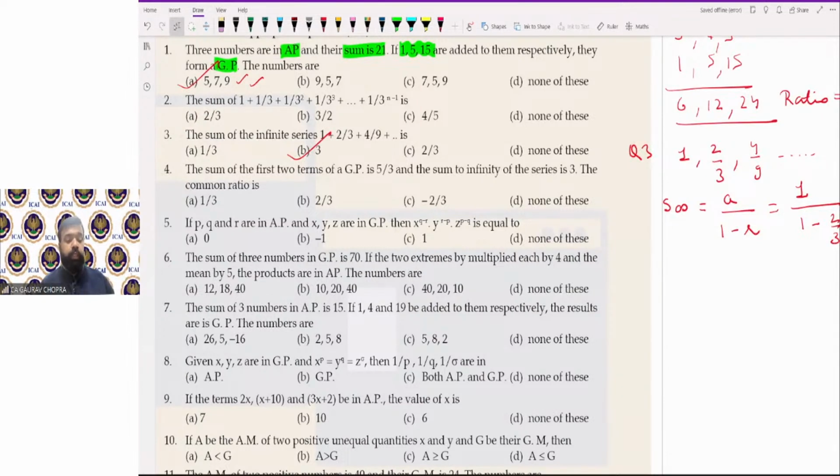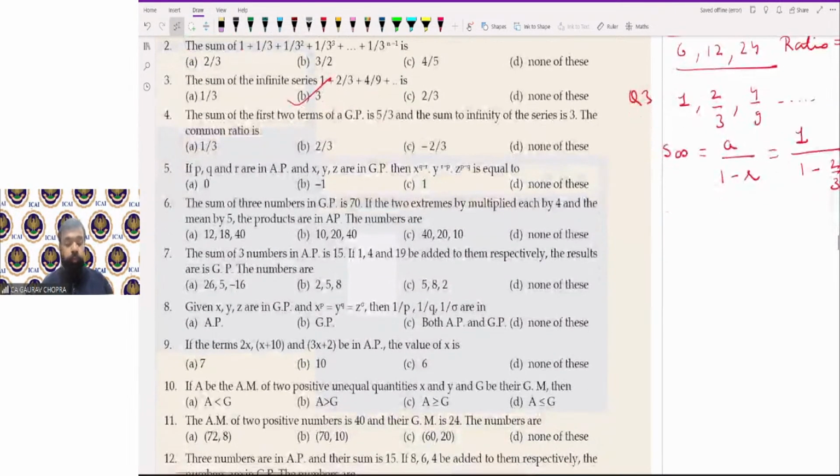Then question number 4. The sum of first two terms of a GP is 5/3 and the sum up to infinite series is 3. Then find the common ratio. Common ratio has to be calculated. So how will you calculate? Let me know. Quickly tell me. You have to calculate the common ratio in question number 4. So the sum of two terms S2 is given to you as 5/3 and S infinity is 3.